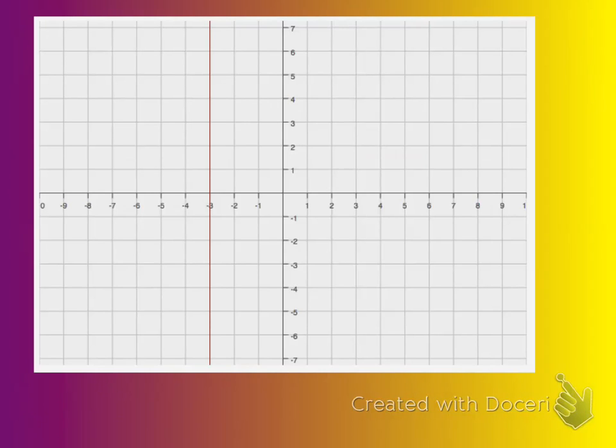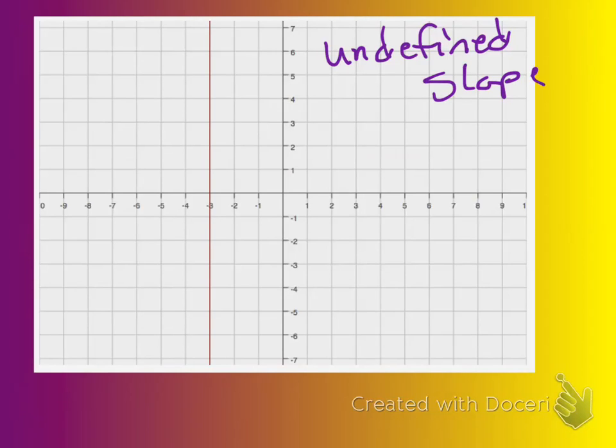So 0 over 3 is equal to 0. Alright, let's take a look at our next slope. Our next slope is an undefined slope. The reason why this would be an undefined slope, again, if I choose 2 points along that line, and I take my rise, which is 1, 2, 3, my rise is going to be 3.